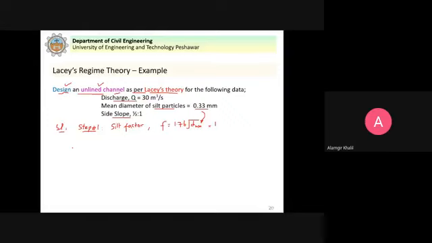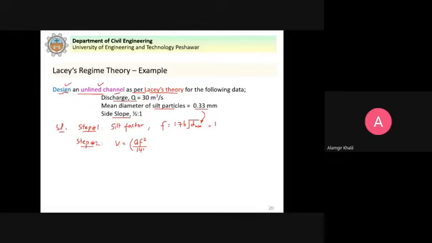Now step number 2 is we calculate the velocity. For the velocity, we have the equation V is equal to Q F squared divided by 140, to the power 1 by 6.